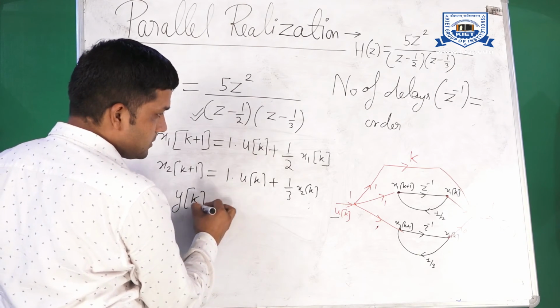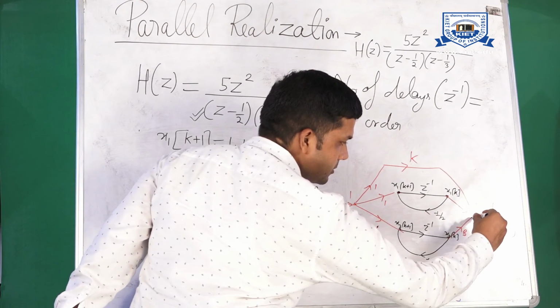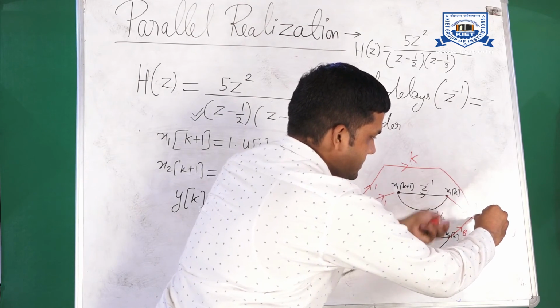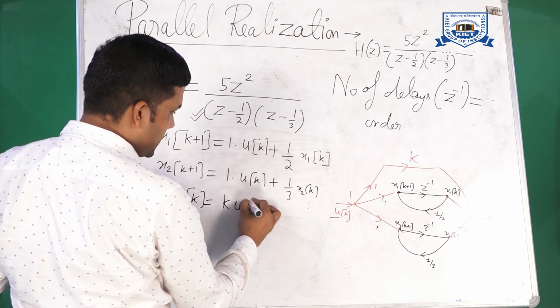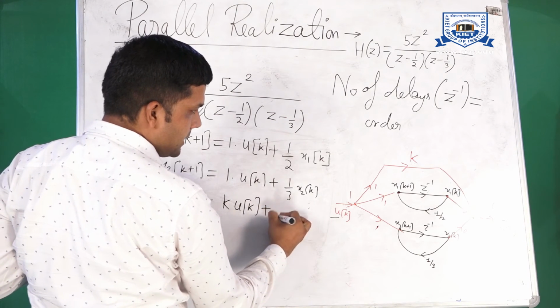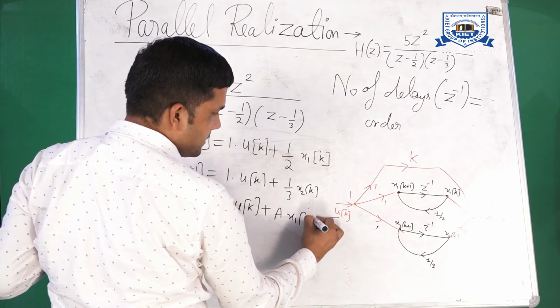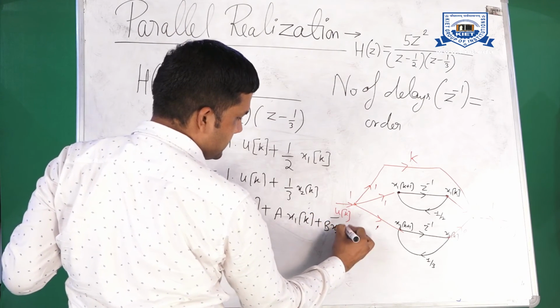What is the value of y(k)? y(k) is equal to the incoming nodes. Incoming nodes are 3: this and this, meaning k u(k) plus a x1(k) plus b x2(k).